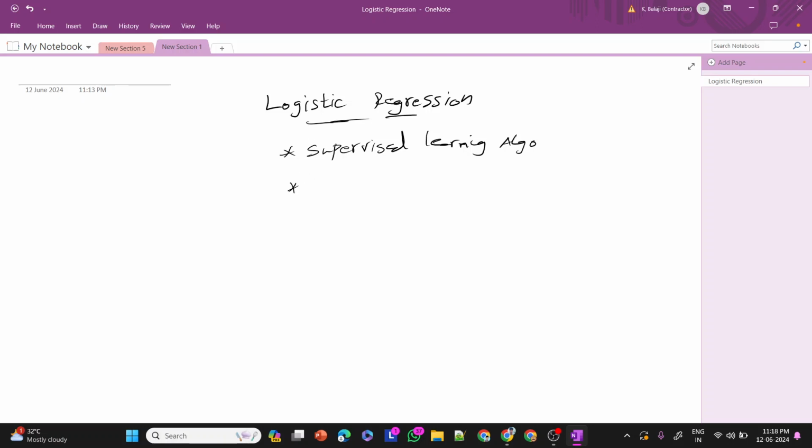This kind of ML model is used for binary classification problems, and the output of this model is in the form of categorical.